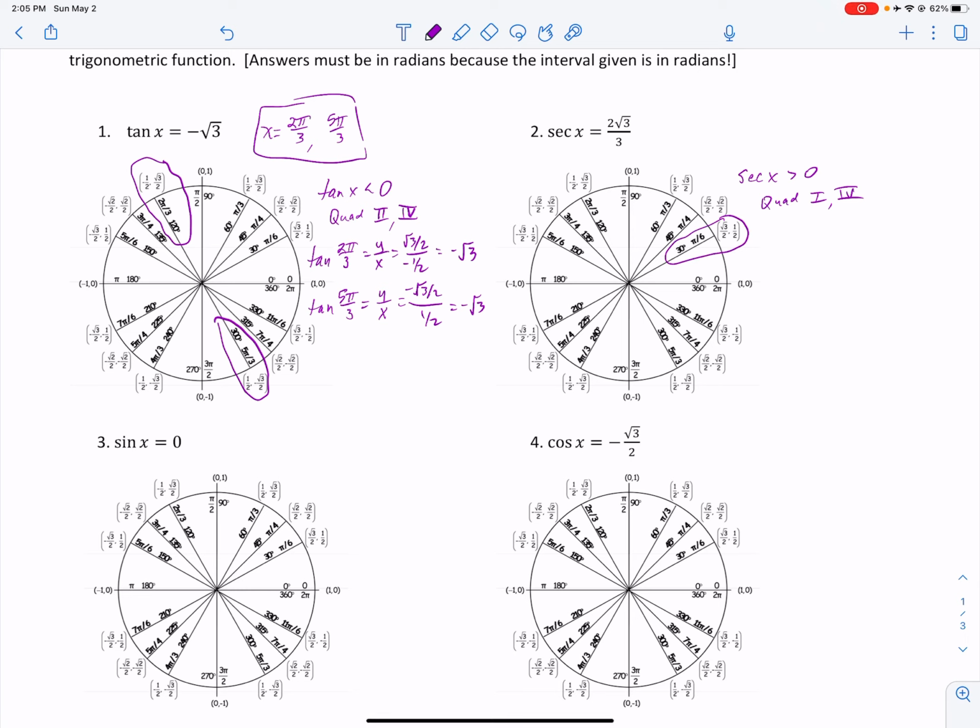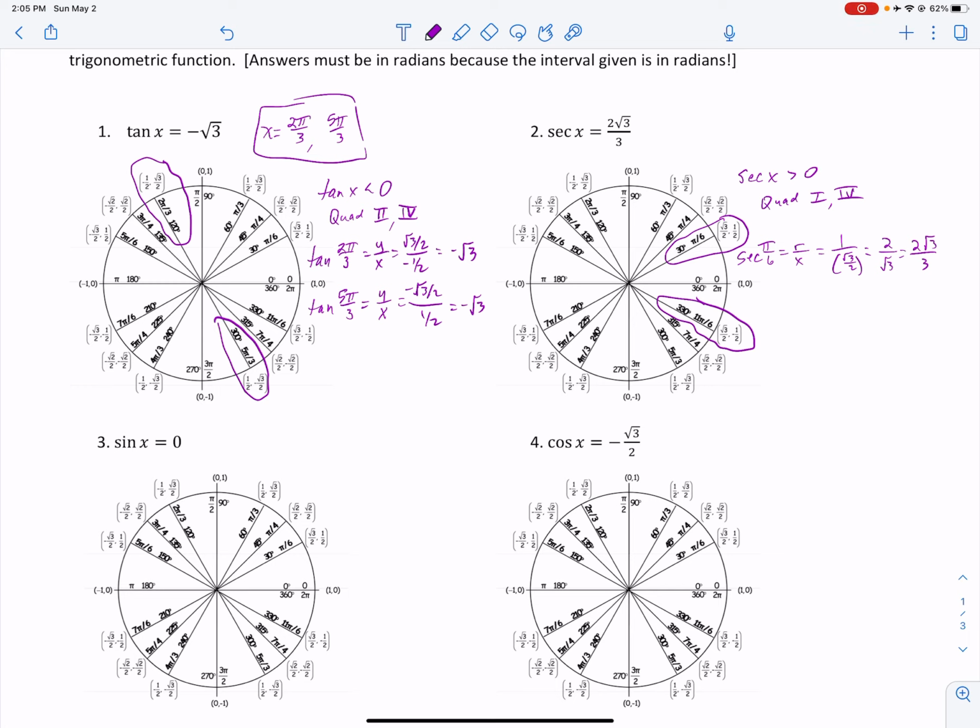So there's your quadrant 1, and here is your quadrant 4 angle. So the secant of pi 6 is r over x, which is 1 over root 3 over 2, which is 2 over root 3, which is 2 root 3 over 3.